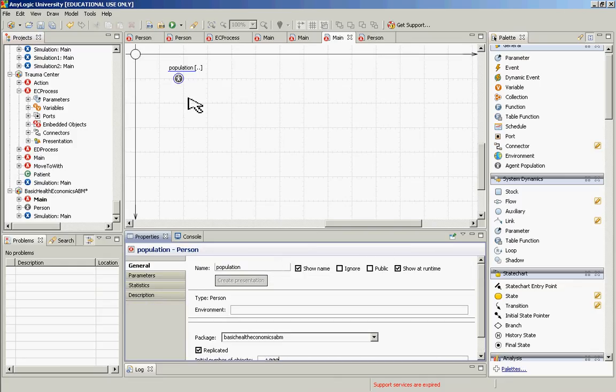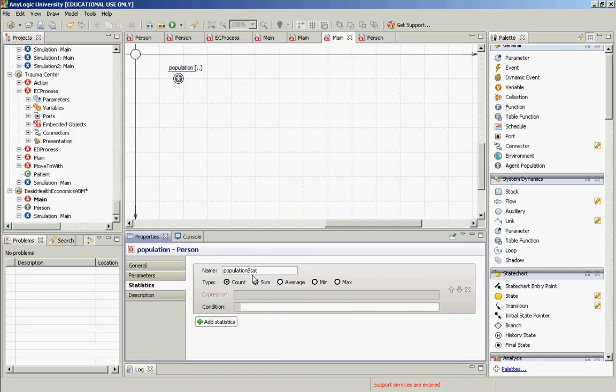Okay, having created this population, we are going to compute some statistics across the population. One of them will be the cumulative quality of life across the population, which, if we total it up, will end up giving quality-adjusted life years lived.